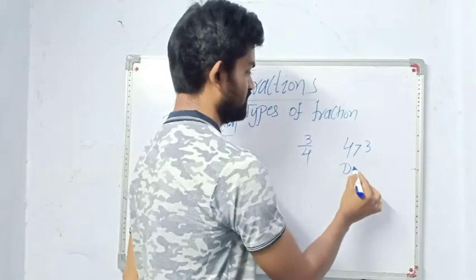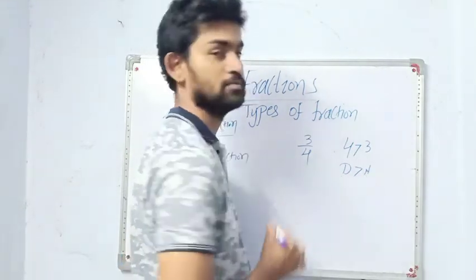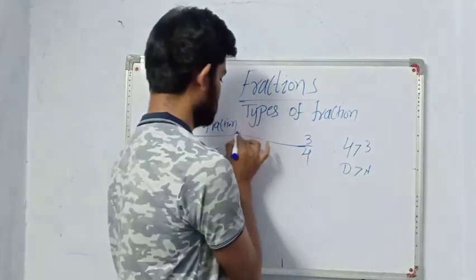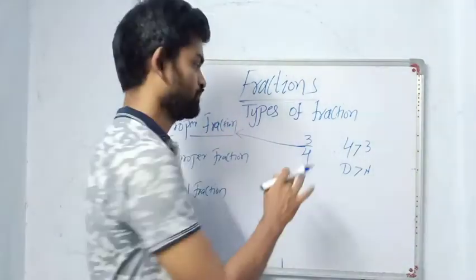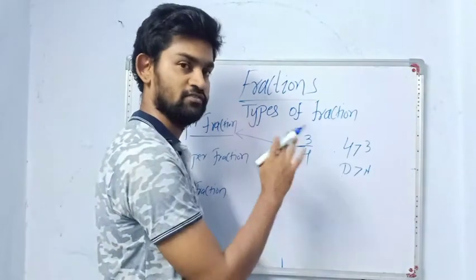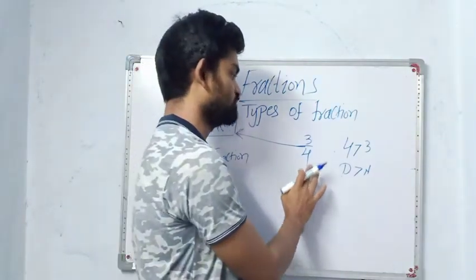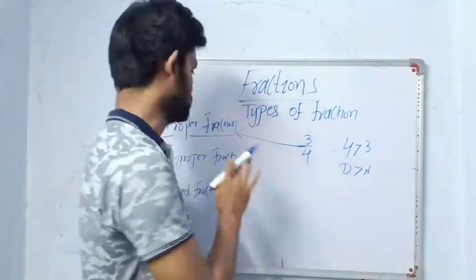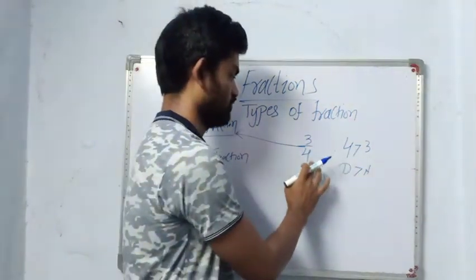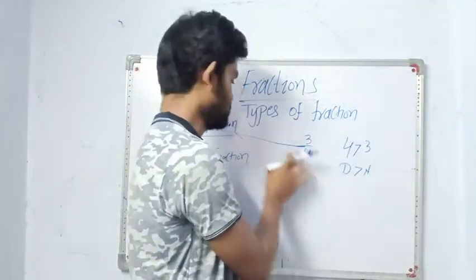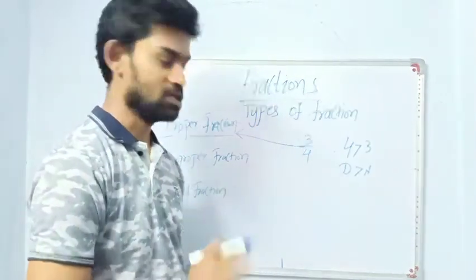The denominator is greater than the numerator, so this type of fraction is called a proper fraction. Here, 3 by 4, 4 is bigger than 3, so this is a proper fraction.